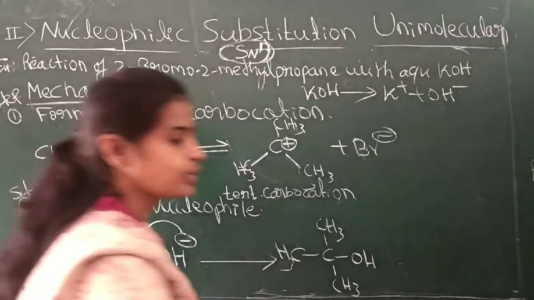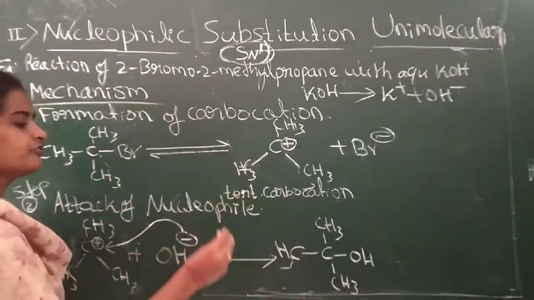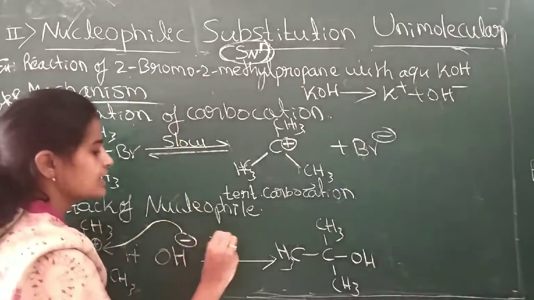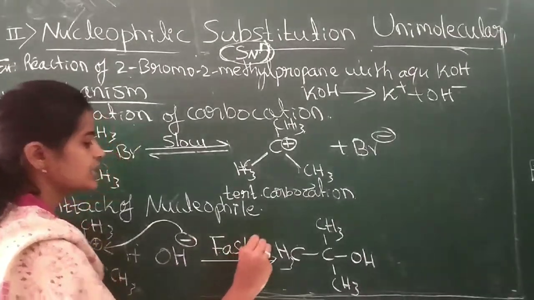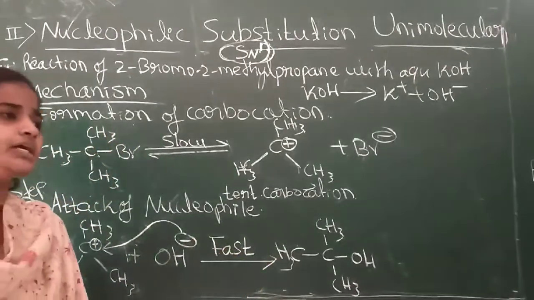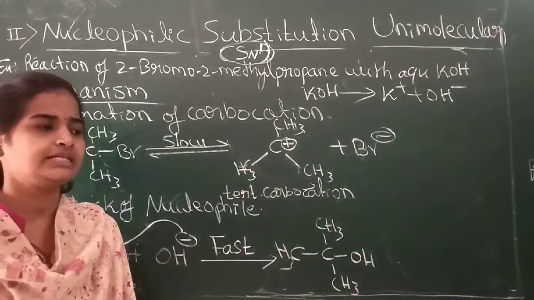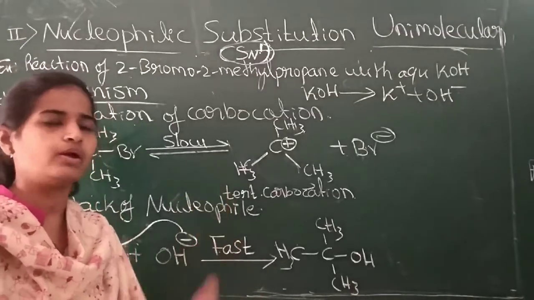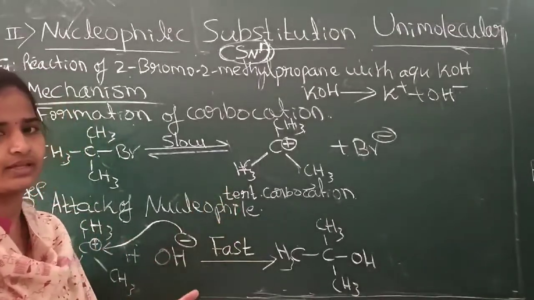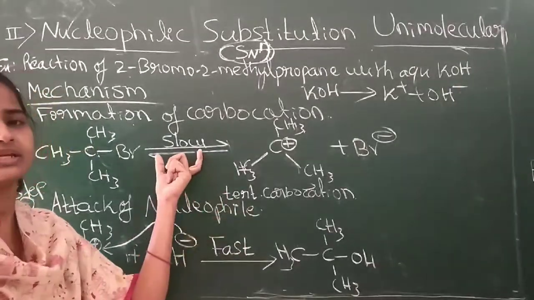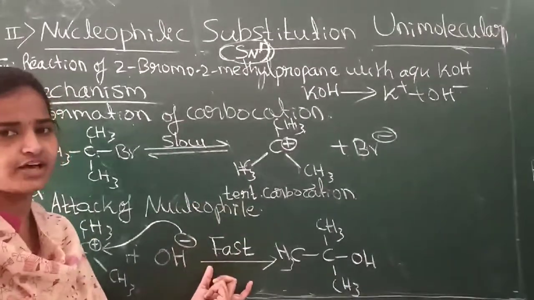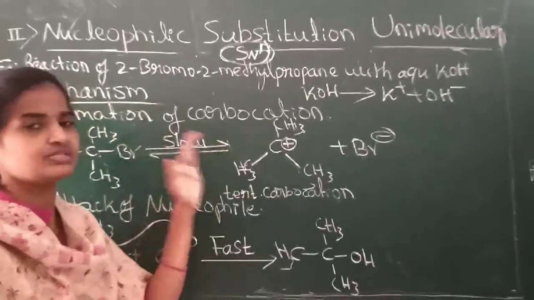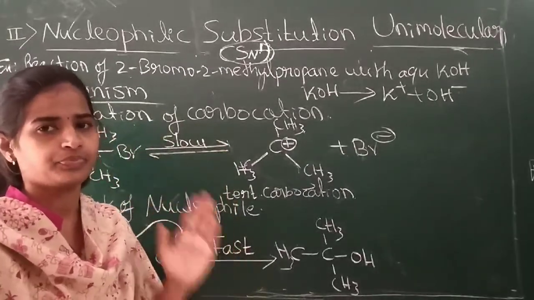Got it? Okay. Now, out of these two steps, the first step is the slow step and the second step is the fast step. Generally, when we decide the rate of the reaction, we take the slowest step among all the steps. Here only two steps are there. Between these two steps, the first one is the slowest step and the second one is the fast step. Therefore, the first step is the rate determining step.